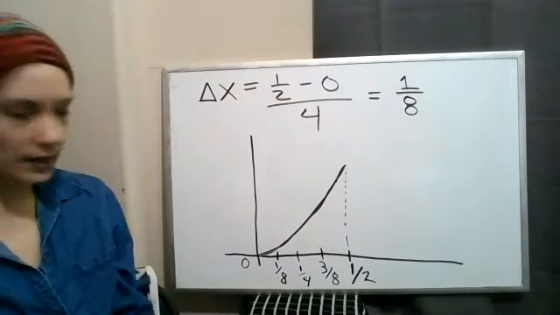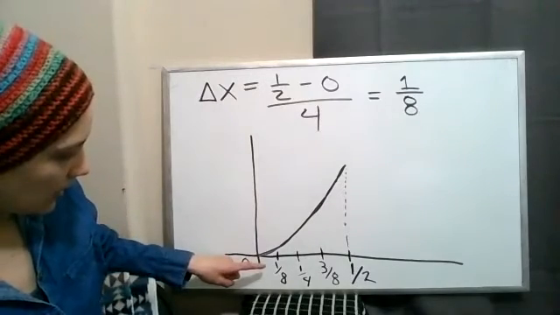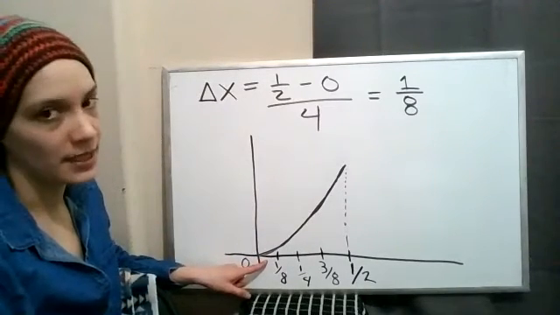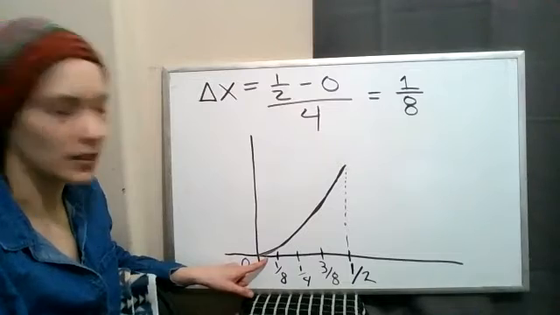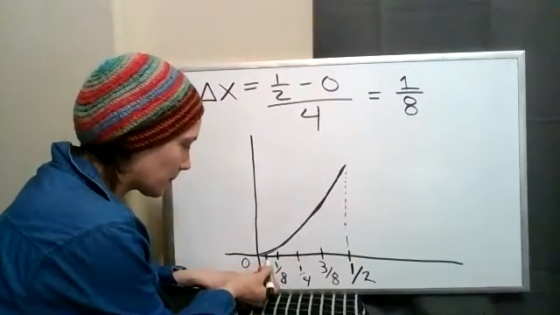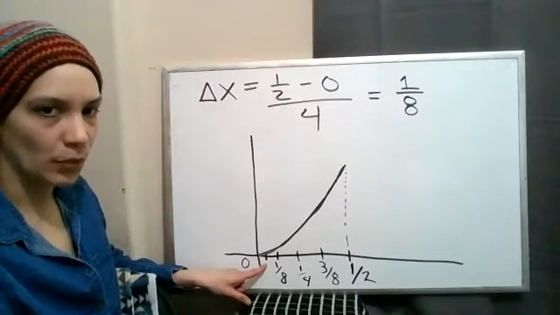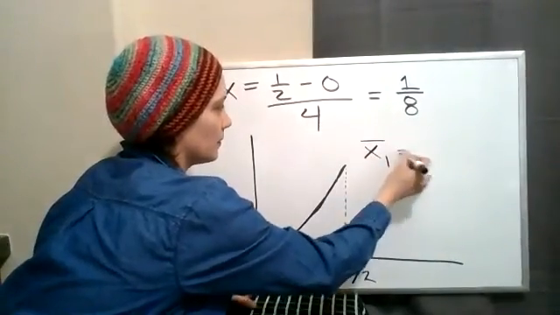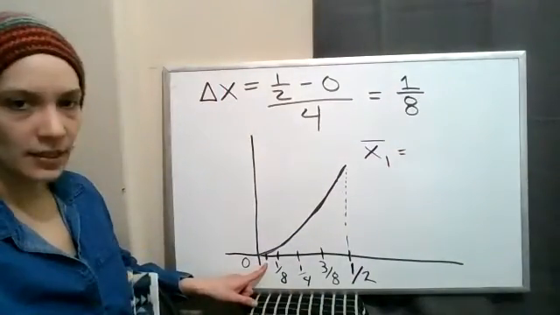So it'll also help us get used to the notation. The first midpoint, I'm calling x sub 1 bar. So midpoint number 1 is 1/16.